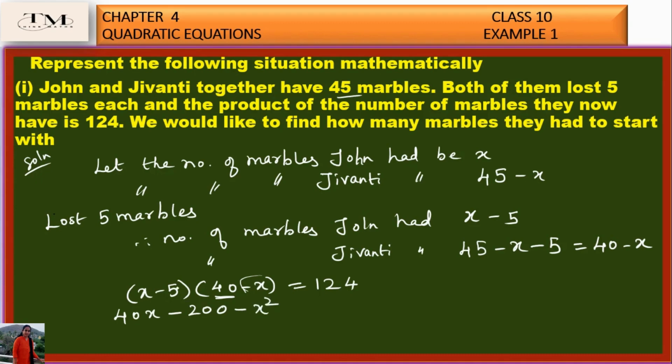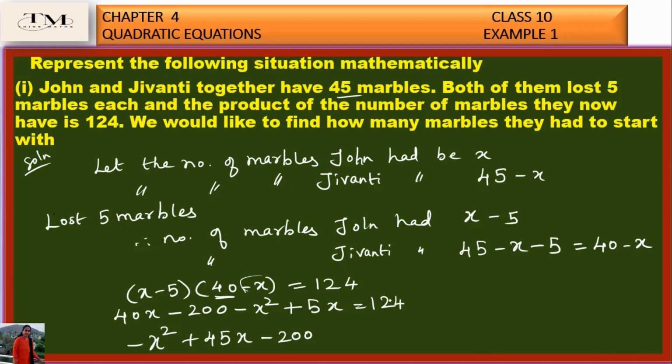Next, minus 5 into minus x: minus into minus is plus, so 5x, equal to 124. Now we write the x square term first, which is negative, so minus x square. Next the x terms, 40x plus 5x, that is 45x, and the constant term is minus 200.